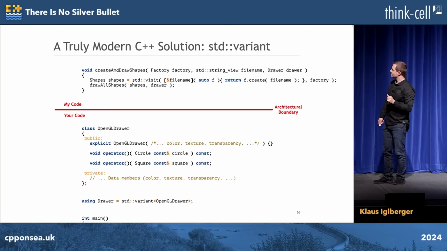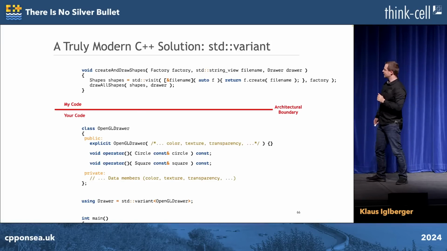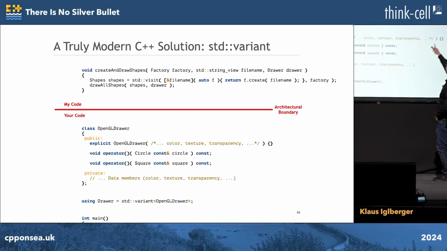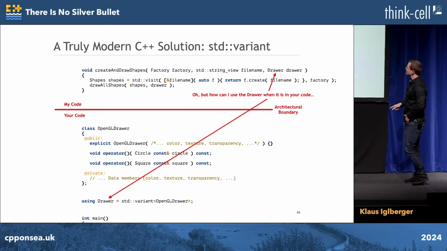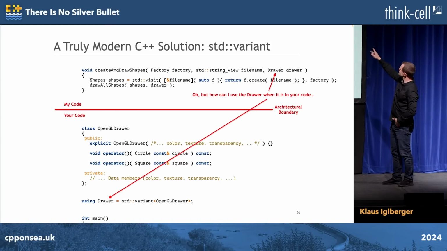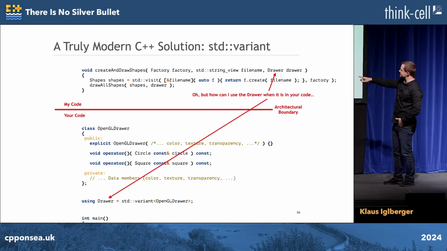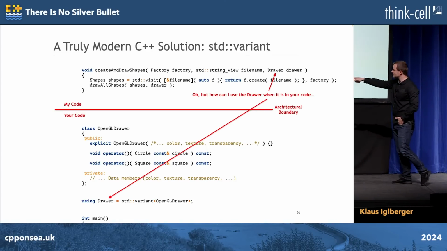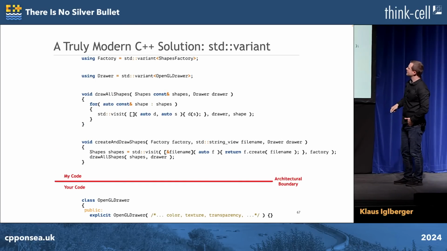But wait. Drawer. You define the drawer, but I use the drawer. That is weird. Sorry, this was probably my mistake. Probably the using drawer needs to be my code.